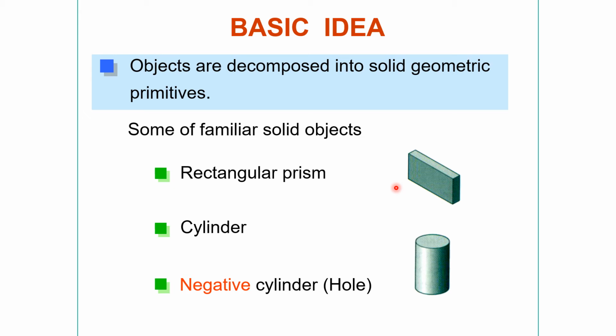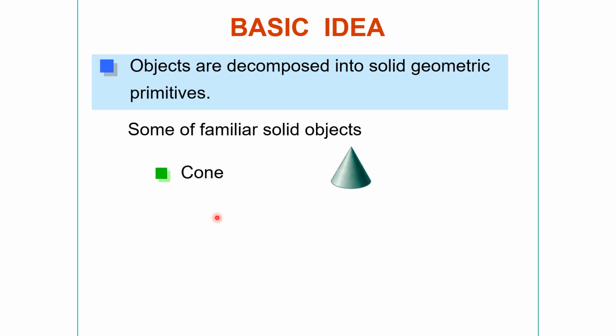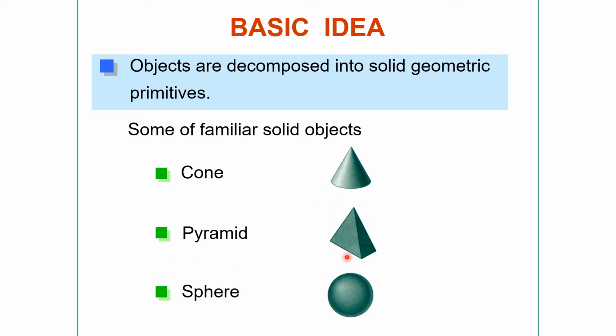It is called a prism because it has a constant thickness throughout the length. Here is a cylinder, and if there is a hole, that will be a negative cylinder. We cannot show a hole, but that's why it is a negative cylinder. Other primitive shapes are the cone, pyramid, and sphere.